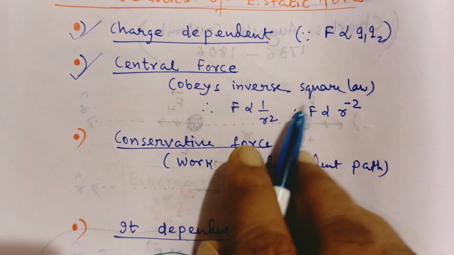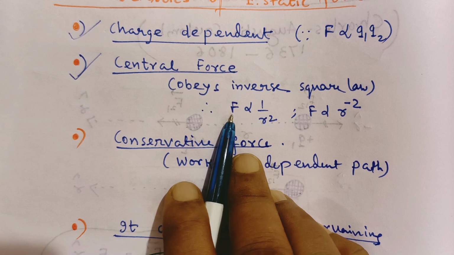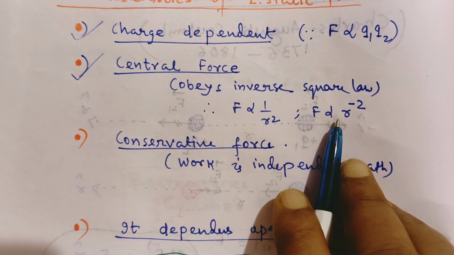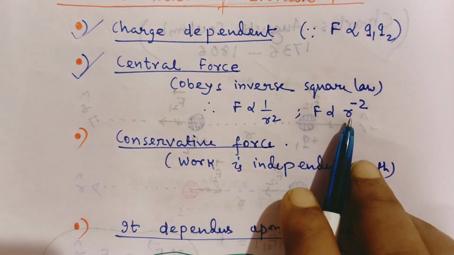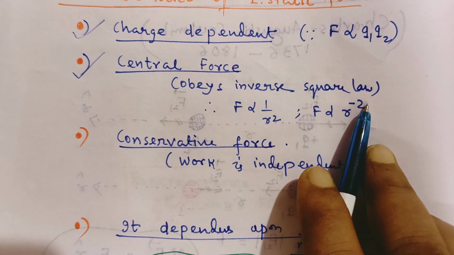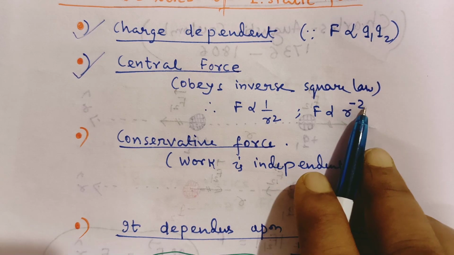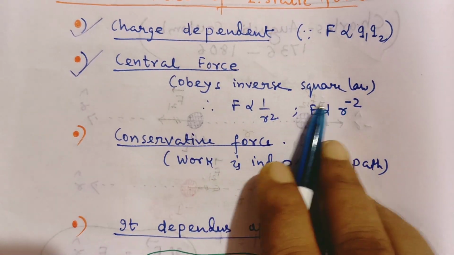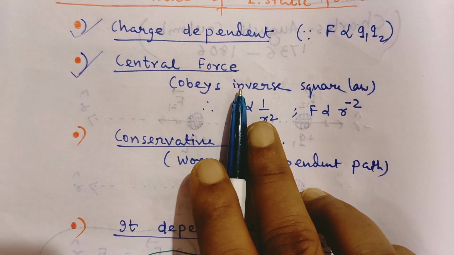Inverse square law means F is proportional to 1 by R square. Mathematically, 1 by R square means R to the power minus 2. Minus means inverse, 2 means square. So this law obeys the inverse square law. Hence this is a central force.